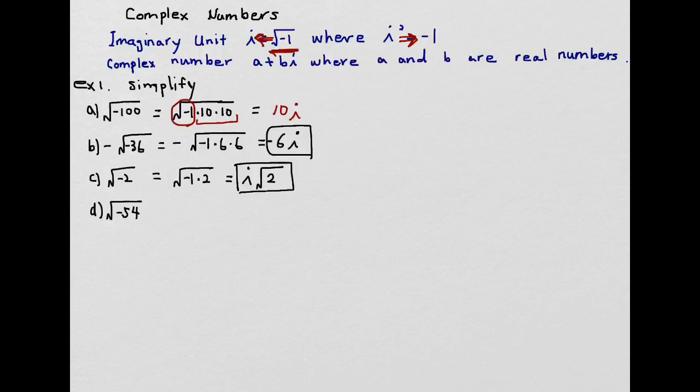Let's look at the next one. The square root of -54 is the same as the square root of -1 times 3 times 3 times 6, right? 9 times 6 is 54.